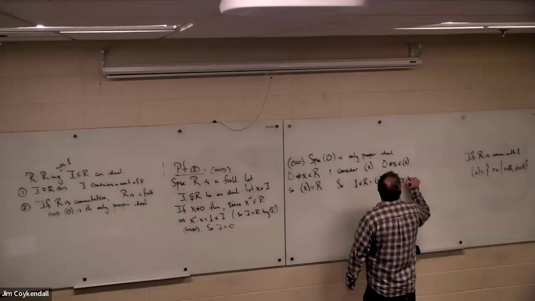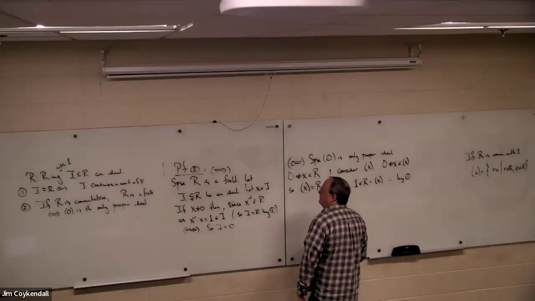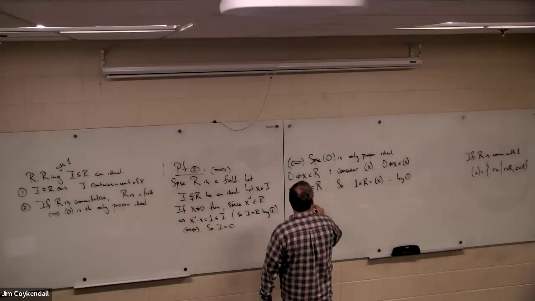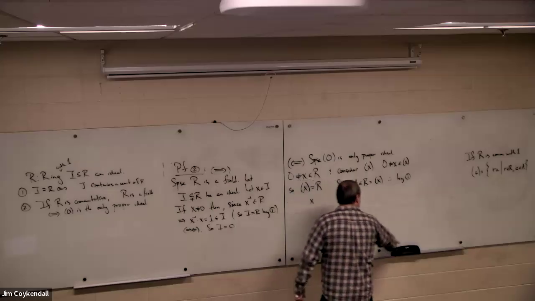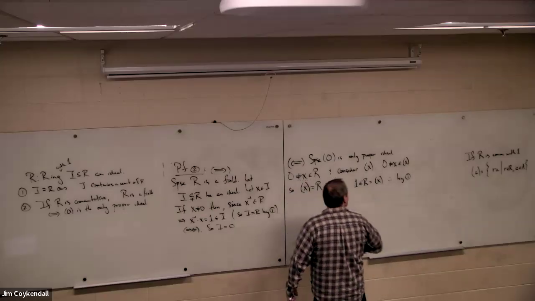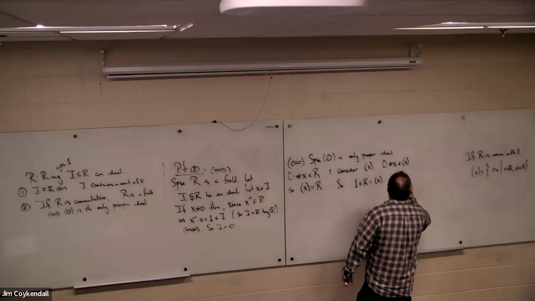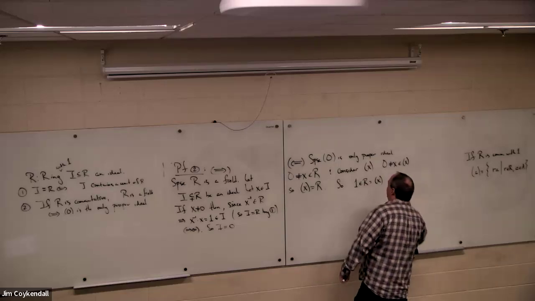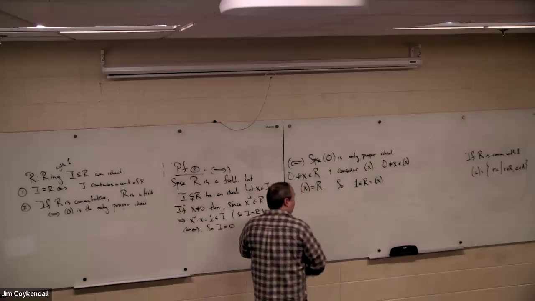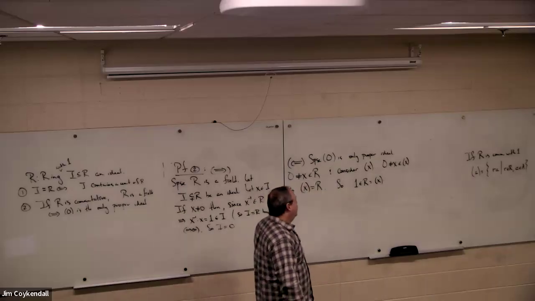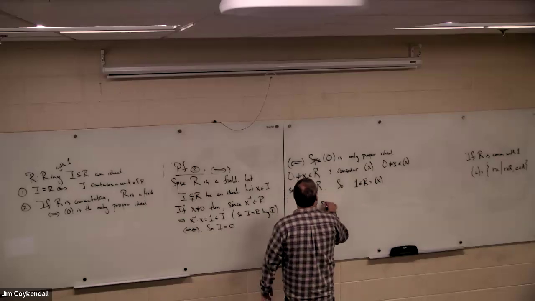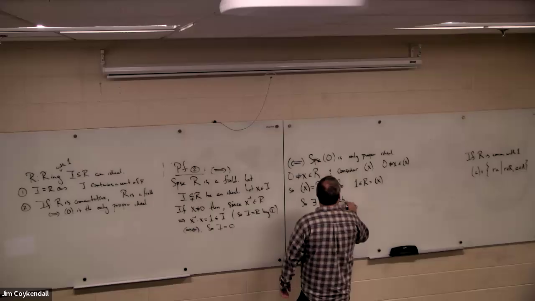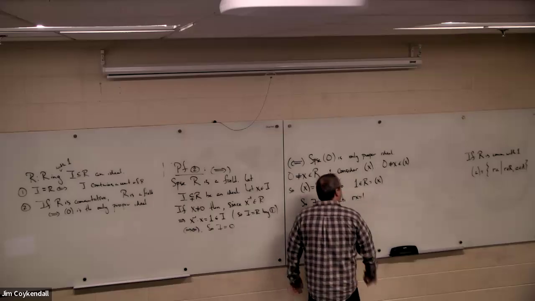Therefore, since the ring has 1, 1 has to be an element of the ideal generated by X. So there exists r in R such that r times X equals 1.